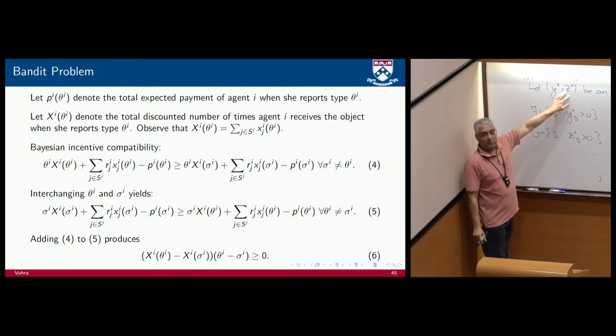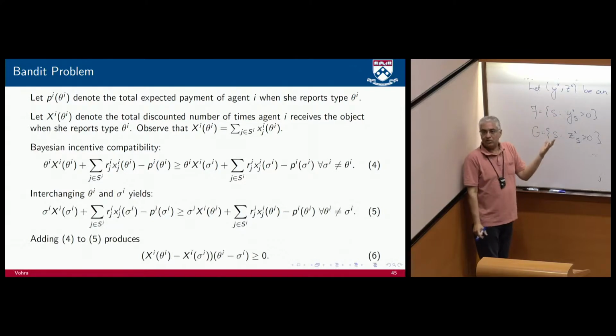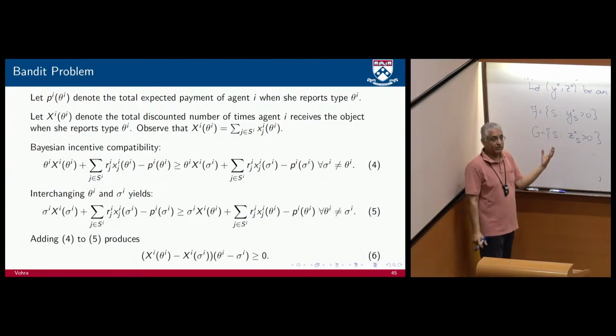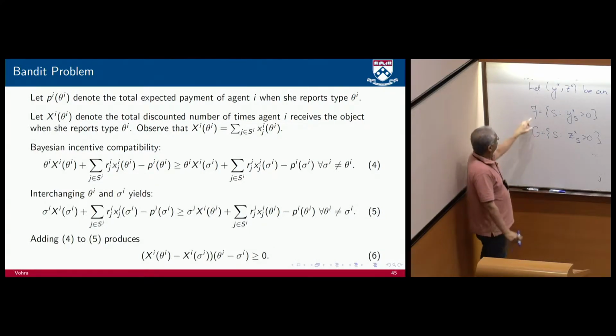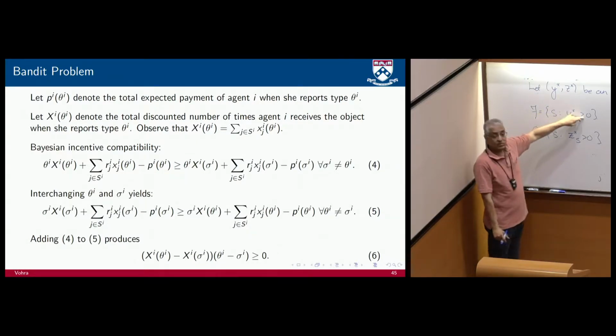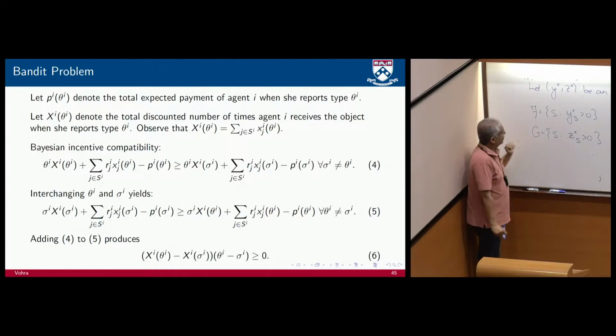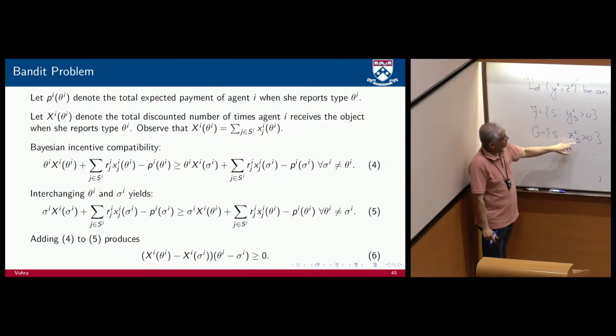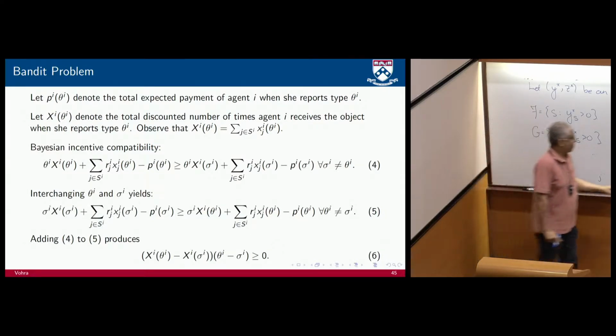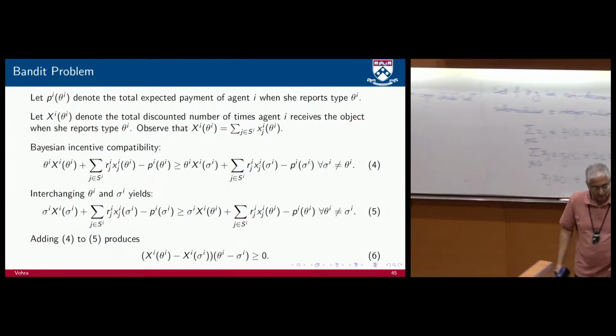So you give me an optimal dual solution. What do I want to pay attention to? I want to pay attention to the variables that are positive. So calligraphic F is the set of sets for which Y star S is positive. And calligraphic G is the set of sets for which Z star S is positive.